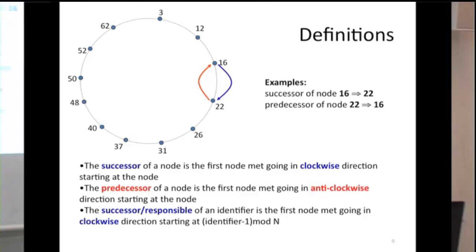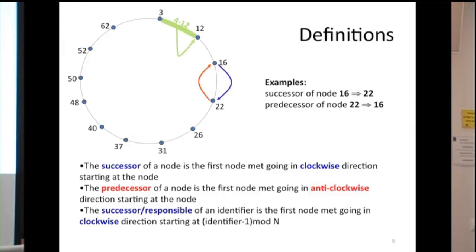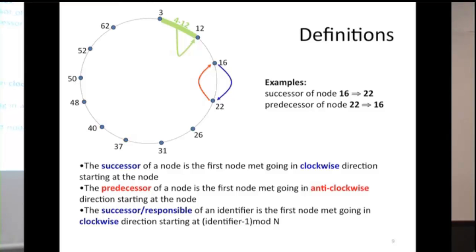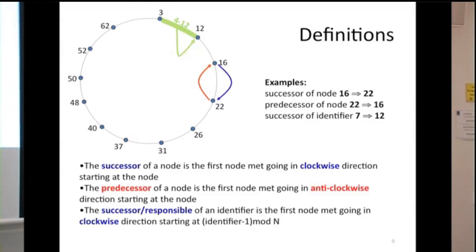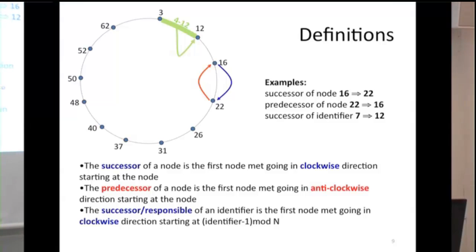For example, for all the identifiers from 4 to 12, the successor is 12. This we call responsibility. We say that 12 is responsible for all the keys from 4 to 12. For example, 7 lies somewhere here, so the successor of 7 is 12, so 12 is responsible for 7. Similarly, for 12, the node itself is responsible for that identifier.